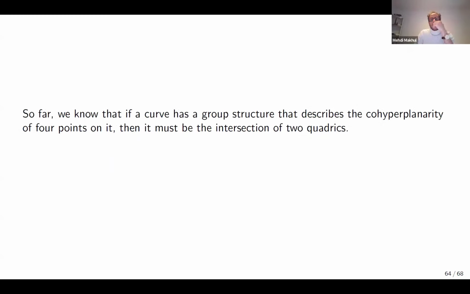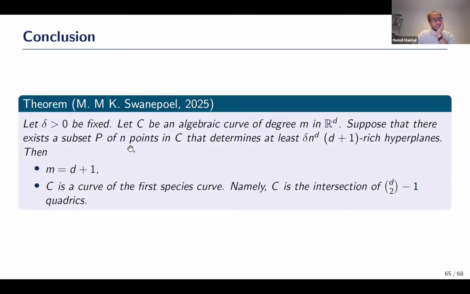So now we know that whenever we have a group structure which describes co-hyperplanarity of 4 points, then they must be the intersection of two quadrics, which is a curve of degree 4. Now let me rephrase again, recall the main result that we are looking for. The result that I mentioned was this.